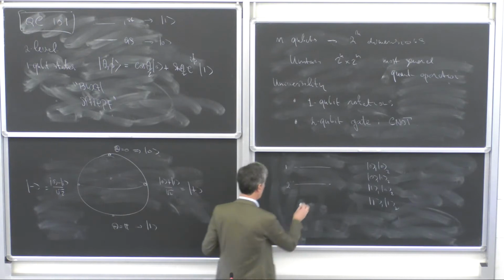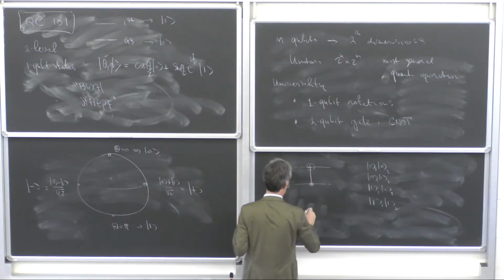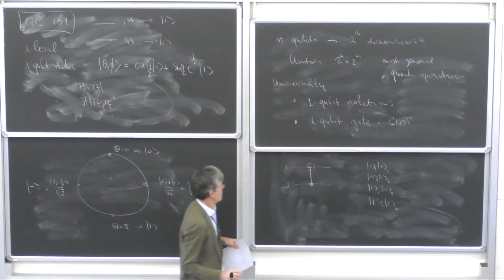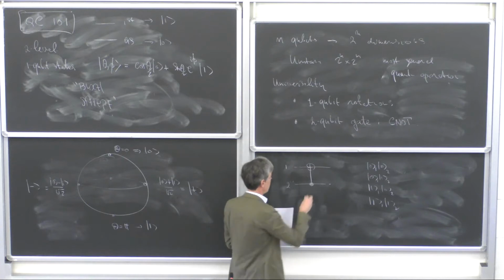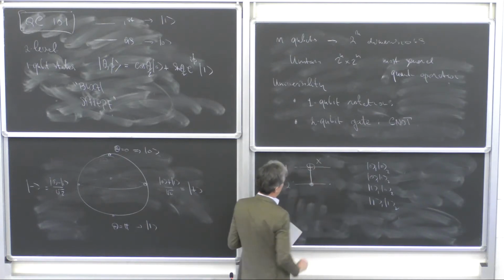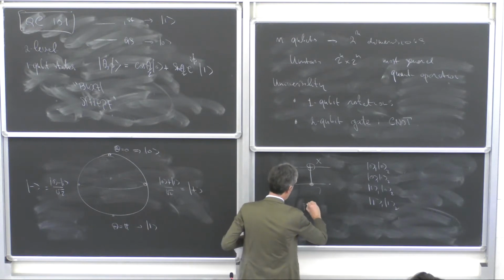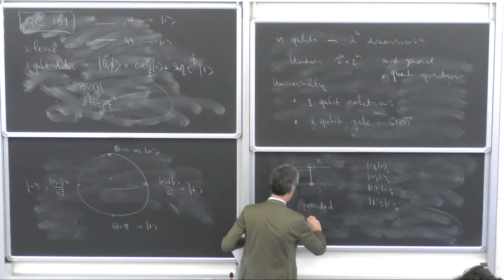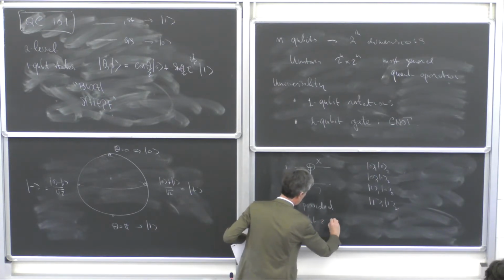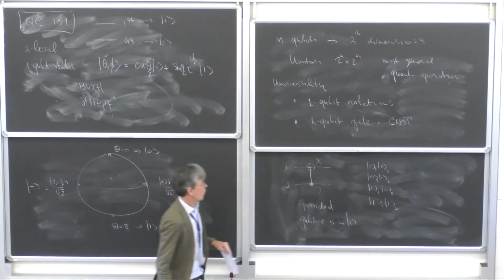CNOT does a NOT, so an X if you wish, on qubit number 1, but only if qubit number 2 is in state 1.